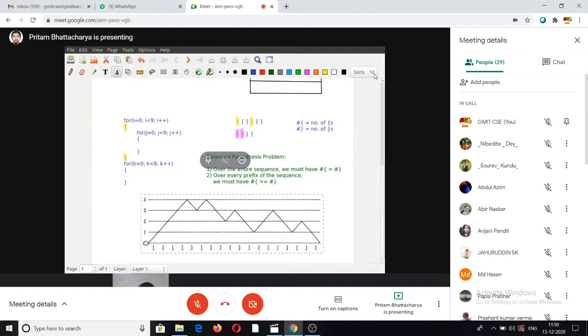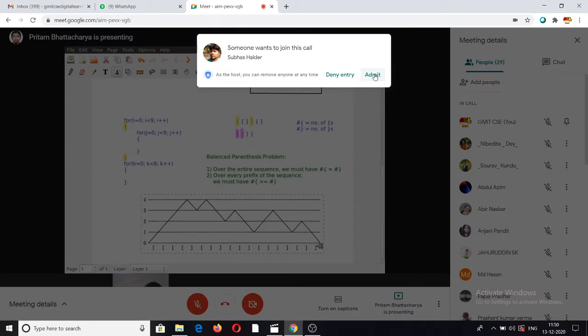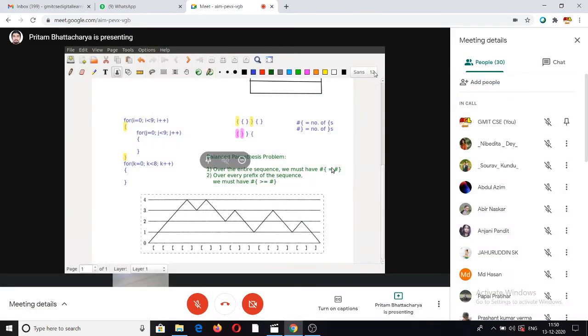The idea is that for a sequence to be balanced parentheses and satisfy conditions 1 and 2, this difference function should start at 0 and end at 0. Ending at 0 means that at the end of the sequence I have an equal number of opening and closing braces, that is, the difference is 0.